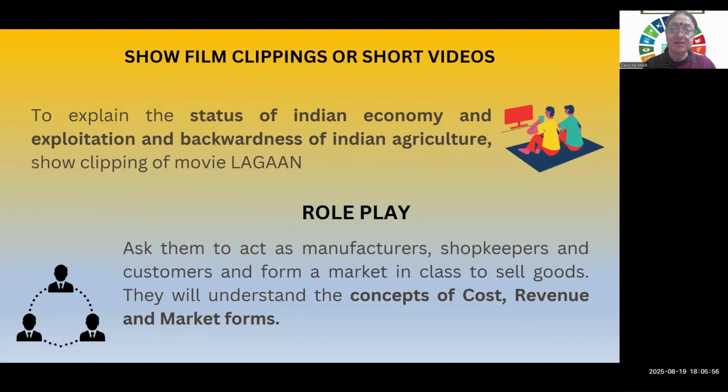Now, for this, again, the children have to be made thoughtful about how and why all this happened. Just to create their interest and to let them think for themselves, ask them to watch the movie Lagaan, which is the best example of how our poor farmers were exploited and were sufferers at the hands of the British landlords.